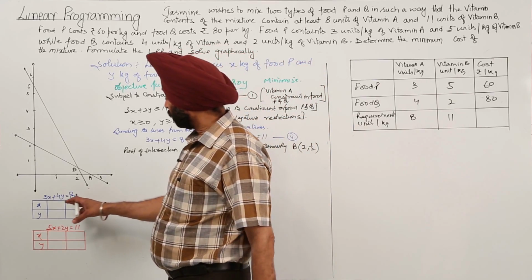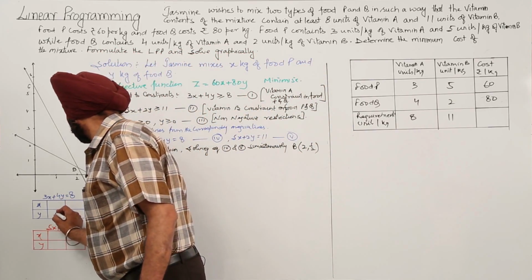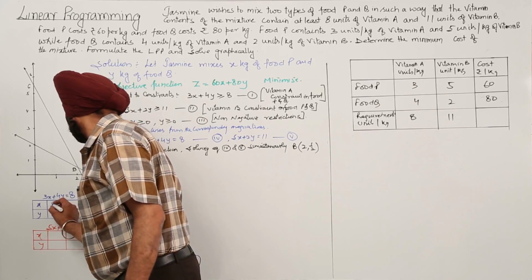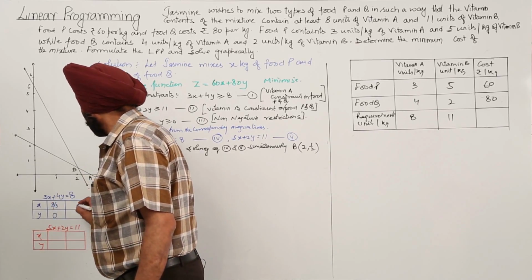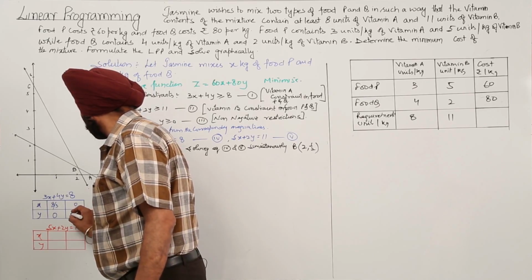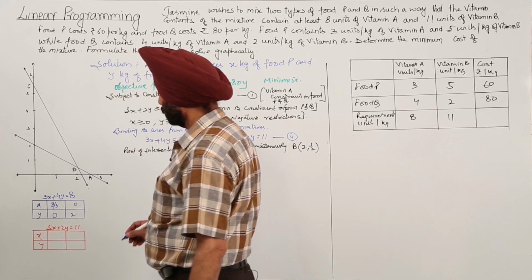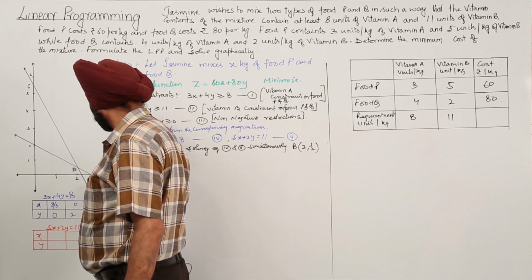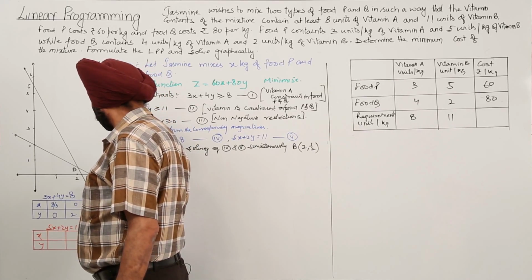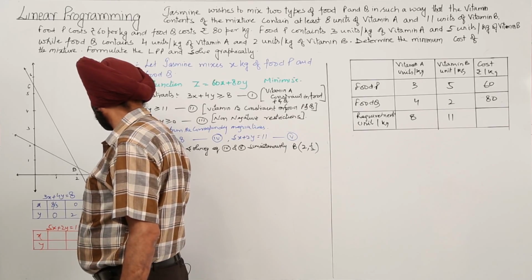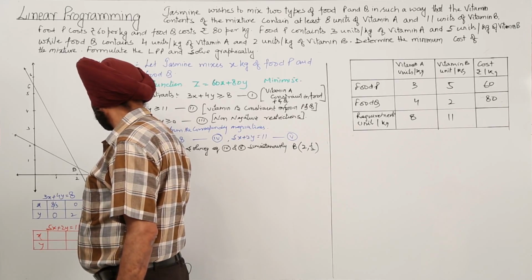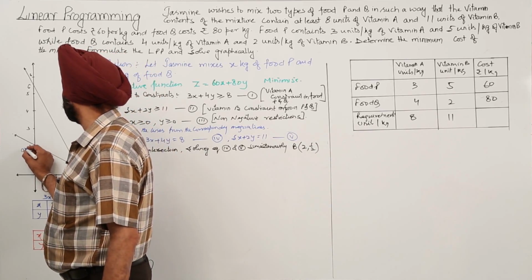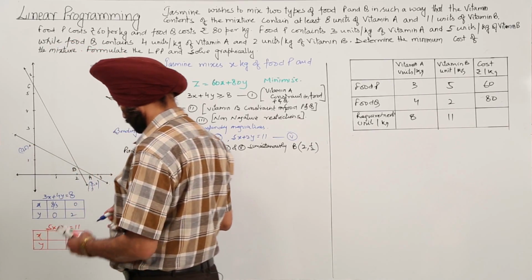Now when we are putting y is equal to 0, we are getting x as 8/3, and when x is 0, y is 2. So we are having this point as (8/3, 0) and this point (0, 2).